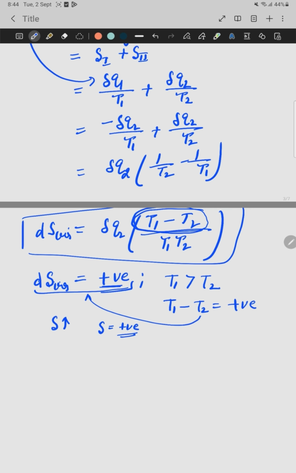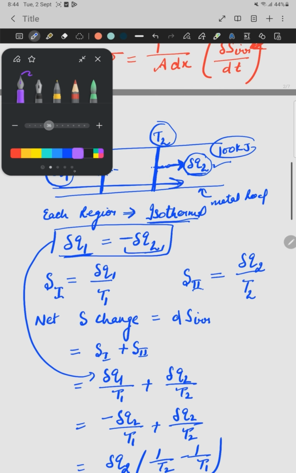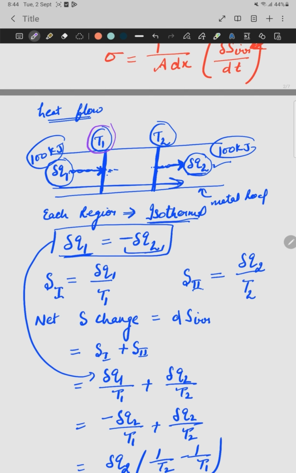So this indicates T1 temperature should be greater than T2 for the process to occur spontaneously. From the initial system you can see T1 is the temperature from where heat enters and T2 is the temperature from where heat leaves the system.